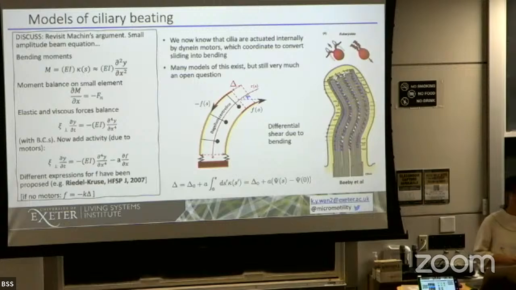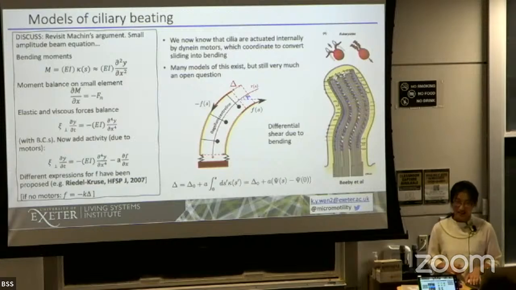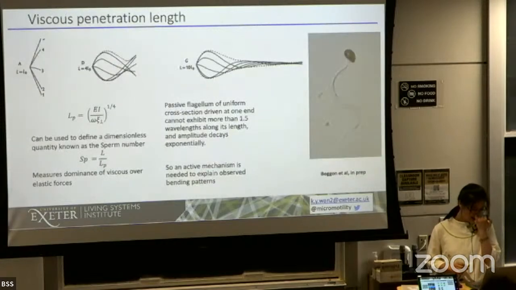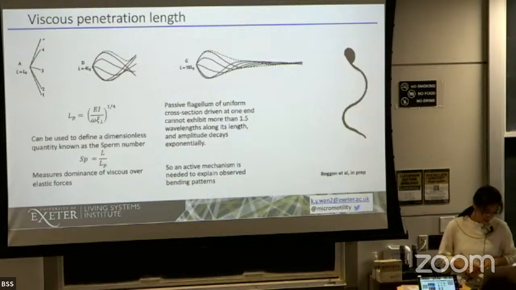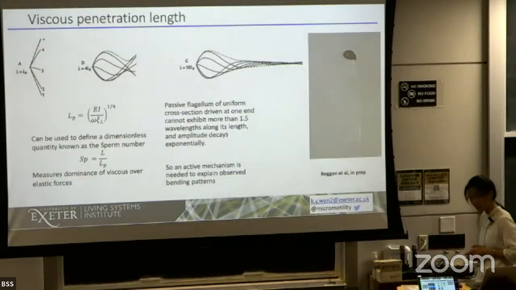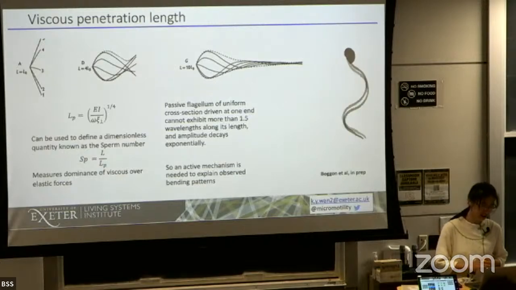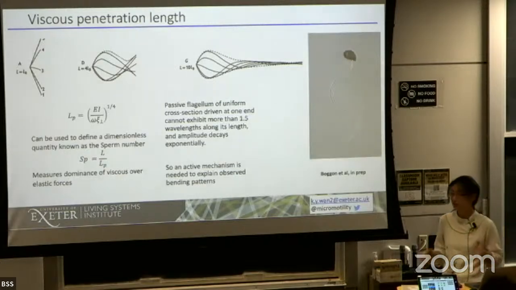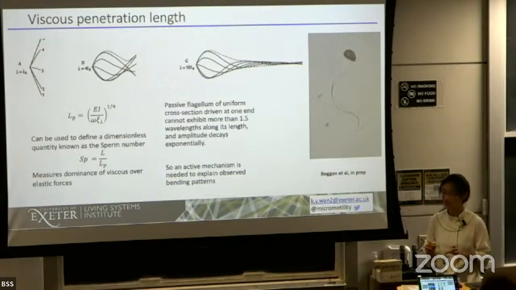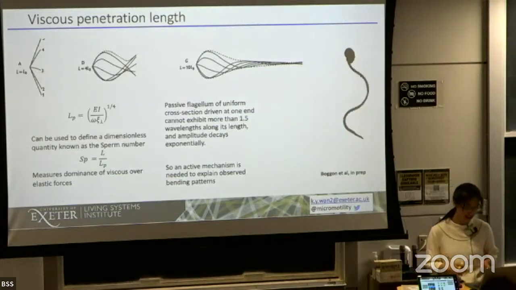Okay, so that's another way to look at this. Very good. Yes, so going back to this analysis by Machen. Remember this was back in the 1950s, where there was no technology to image the interior of these ciliary axonemes.